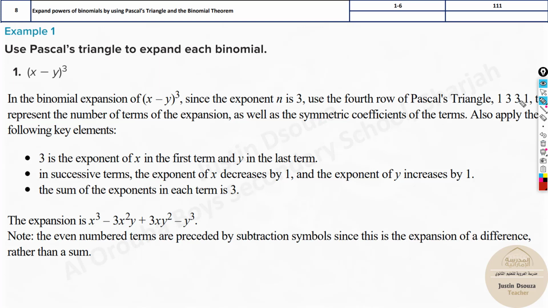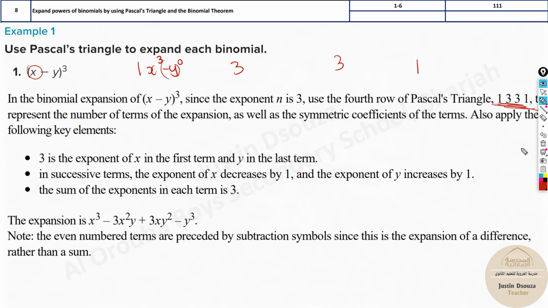If you're using Pascal's triangle, these are the coefficients, okay? It's 1, 3, 3, 1. You start with this term, x with the highest degree, that is 3. Y is not there. Y is power 0. Okay. Sorry, it's minus y to the power 0.